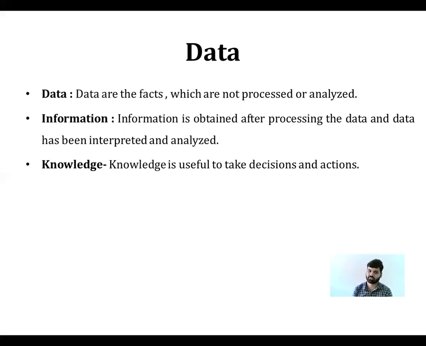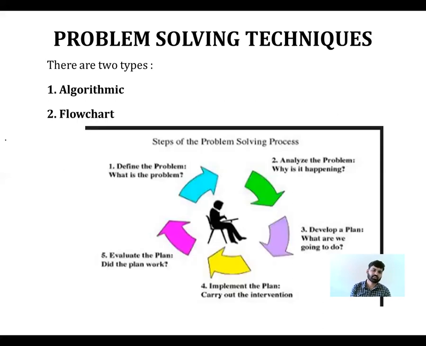Okay, then there are two ways to solve the problem. Problem solving techniques: the first is the algorithmic technique, and the second one is the flowchart. You have to study this one by one. First of all, we study this diagram, steps of the problem solving process.